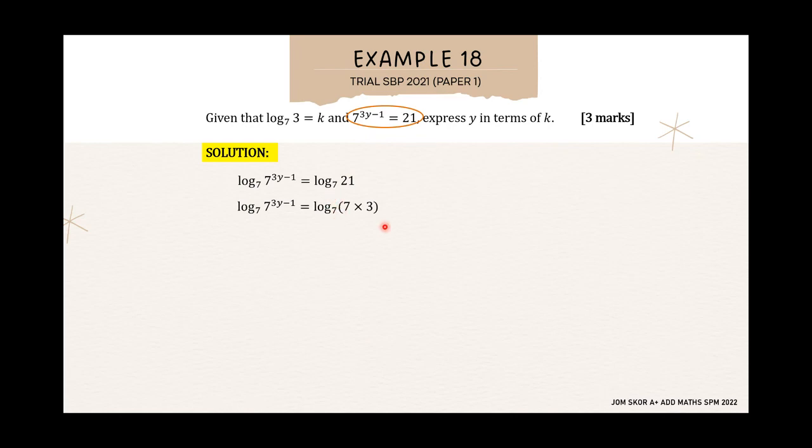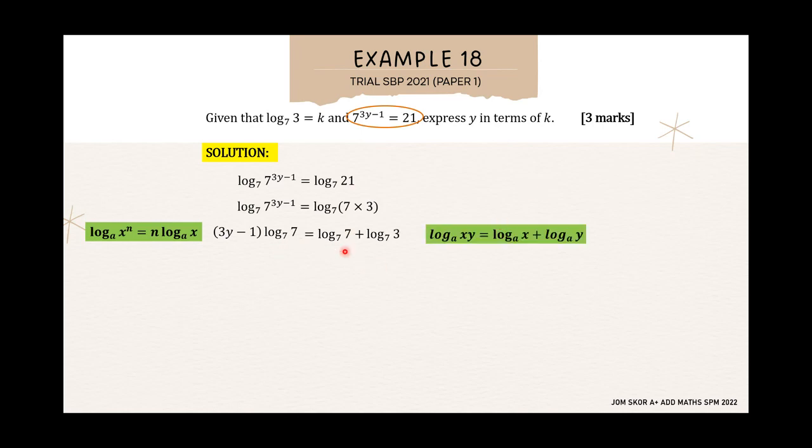Kita nak cuba simplify as much as we can. Okay. Sampai sini, kita apply lagi law of logarithm. 3y minus 1 bawa ke depan. Kita akan dapat 3y minus 1 log 7 base 7. Cantik. Nampak? Sama. Kita dapatlah 1 nanti. Dah ada bayangan dah. Okay, sama dengan log 7 base 7 plus log 3 base 7.